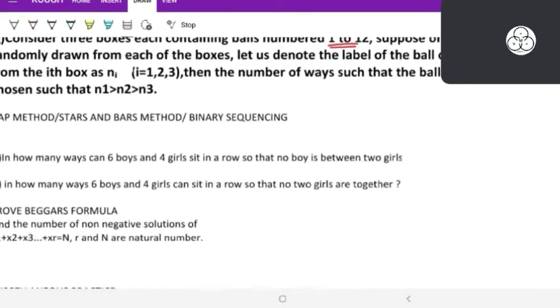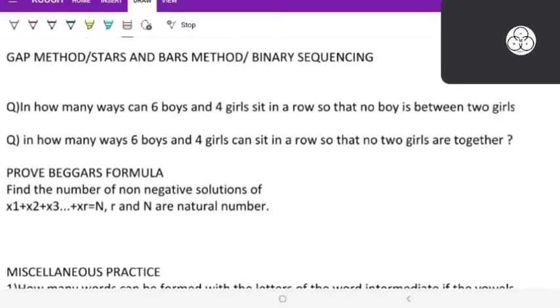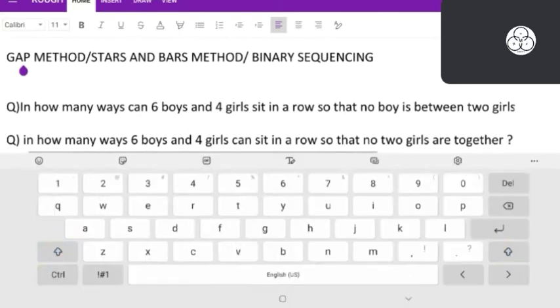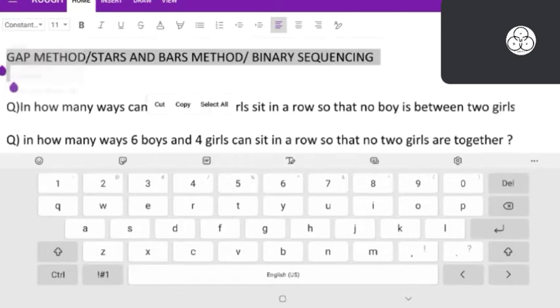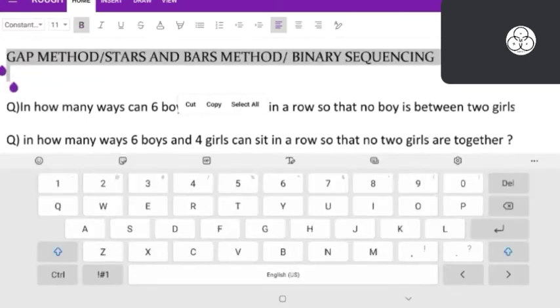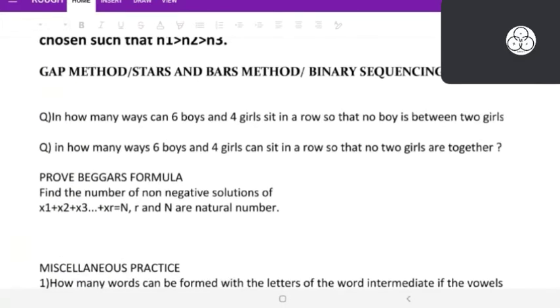Now we'll see an interesting thing. Gap method, stars and bars method, binary sequencing. What is the method? There are so many names.